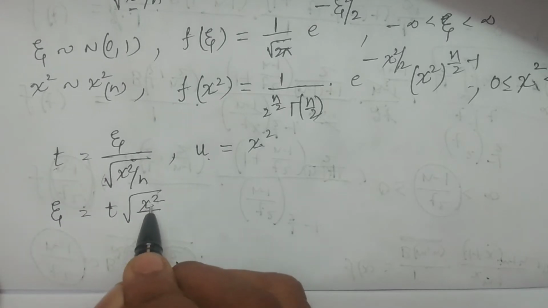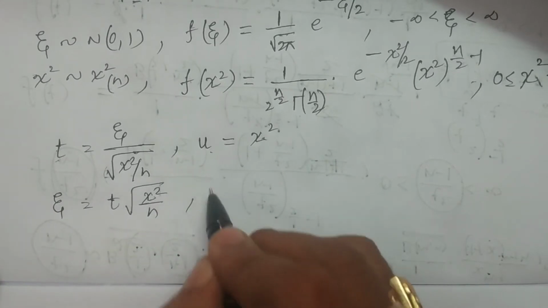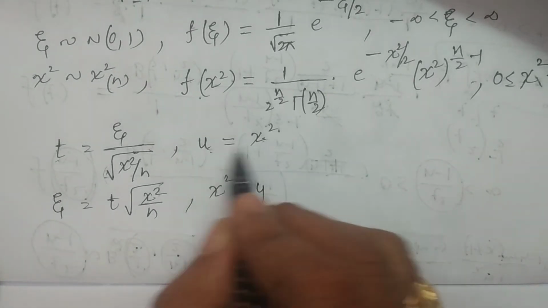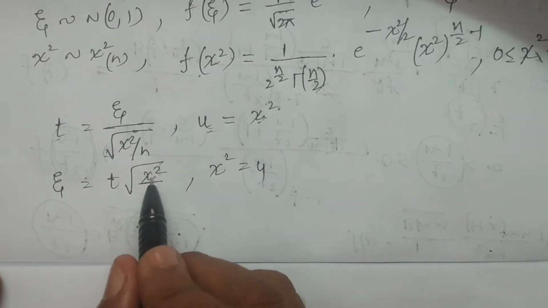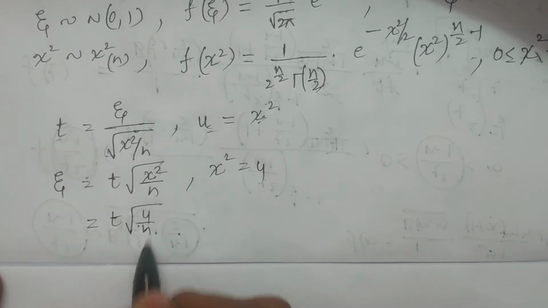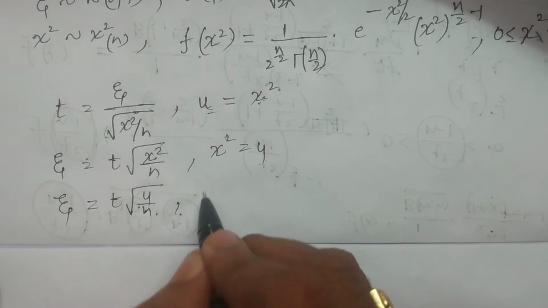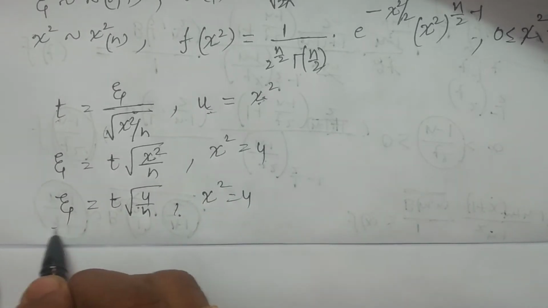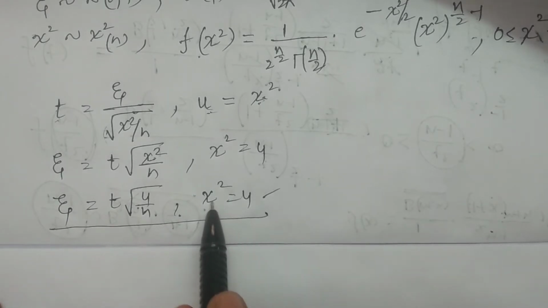But chi square is equal to u. So you replace this u in this formula, so xi is equal to t into the square root of u by n, and chi square is equal to u. So now you see both are transformed. These are called transformed variables. So xi and chi square are expressed in terms of t and u.